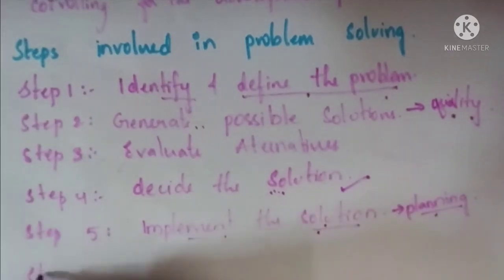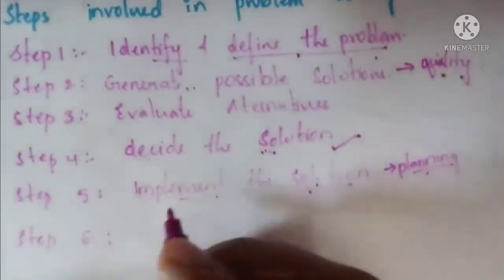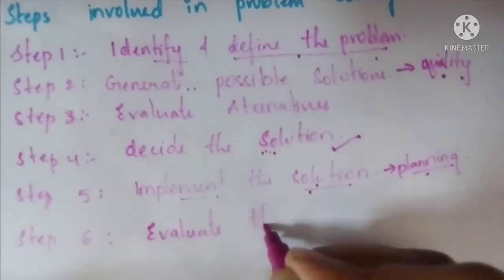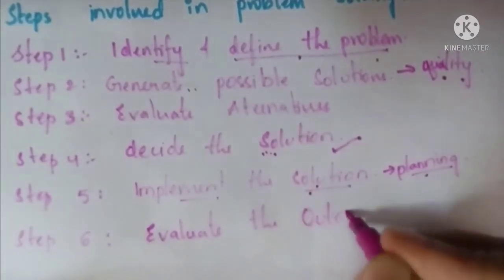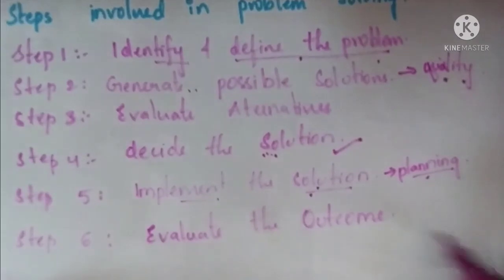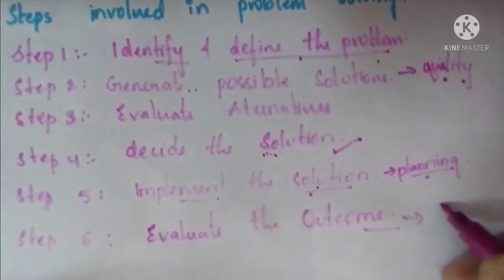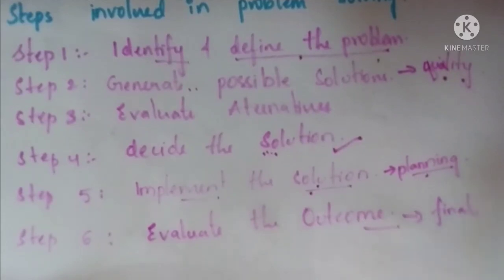Coming to the last step, that is step 6. Step 6 is to evaluate the outcome. What is the outcome? The outcome is the final output that we are getting from the programming.